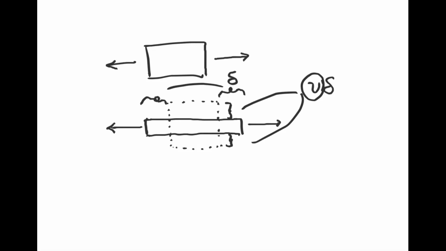So, ibig sabihin, kapag hinila mo daw yung steel bar, yung length na ipapayat niya is 0.3 ng deformation niya longitudinally. Okay? So, yun lang yung concept ng Poisson's ratio.